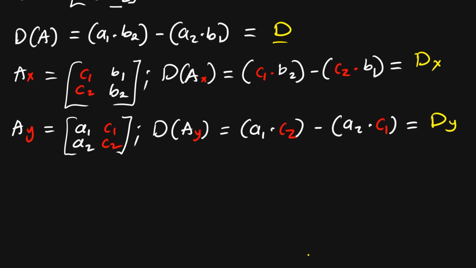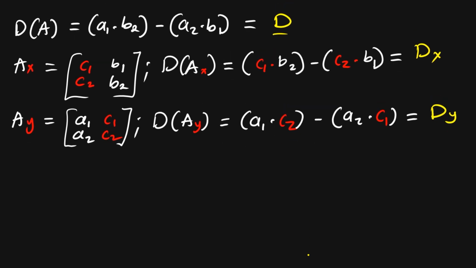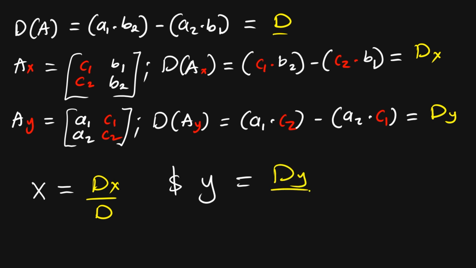So after obtaining the determinants d, dx and dy, our value of x will equal dx divided by d, and the value of y will equal dy divided by d.